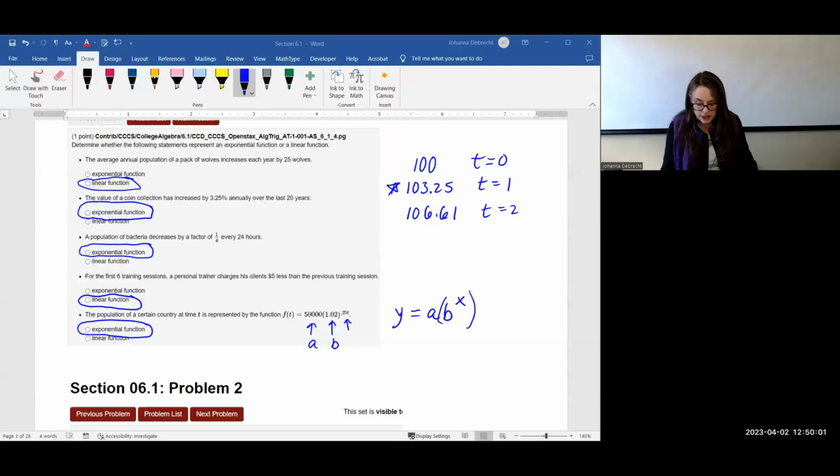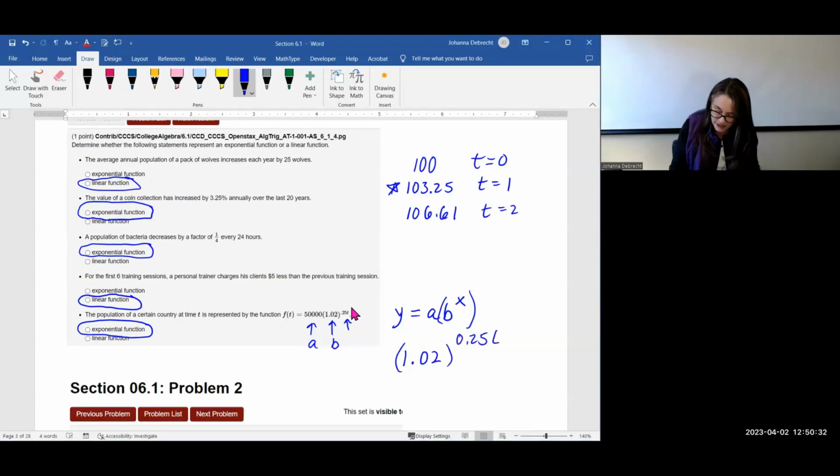Now, before I continue, I probably should talk a little bit more about this last one. The power is not exactly t like we were expecting, and some students get thrown by that. Does that mean it's still exponential or not exponential? Does it just have to have the variable in the power somewhere? No, it actually has to be linear. So when we're looking at this right here, let's think about, and I'm just going to take out the 1.02 being raised to the 0.25t power.